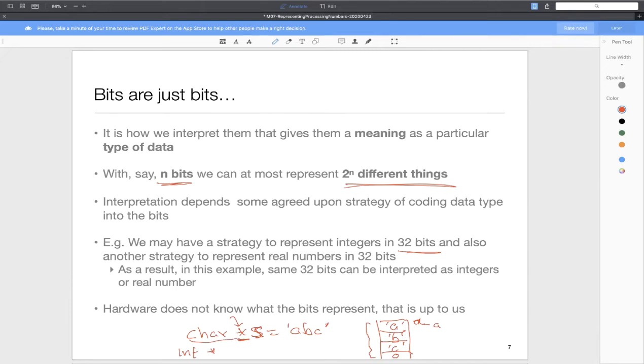So it's pointing to an array of characters, which is A, B, C, D. But I can also say int star X is equal to the same thing as address of S. In which case, I'm forcing, I probably have the syntax mixed up a little bit, but I can force X to be interpreted as if it's an address pointing to an integer. So I can force elsewhere in my program to take the same bits and just reinterpret them as an integer according to whatever scheme C uses.